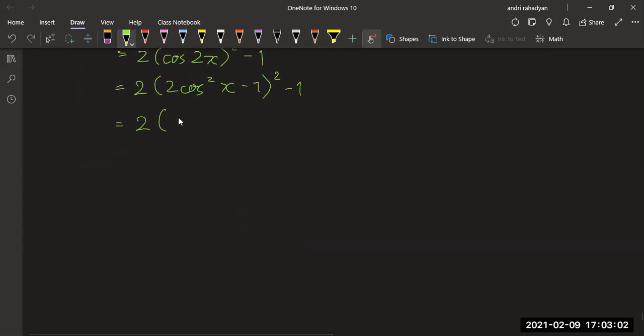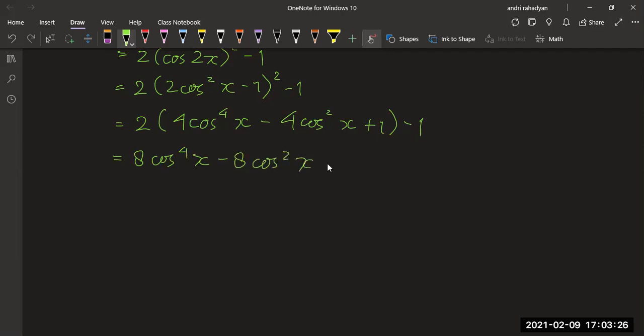That equals 4 cosine to the 4 x minus 4 cosine squared x plus 1 minus 1, so 8 cos to the 4x minus 8 cos squared x plus 2 minus 1, which is 8 cos to the 4x minus 8 cos squared x plus 1.